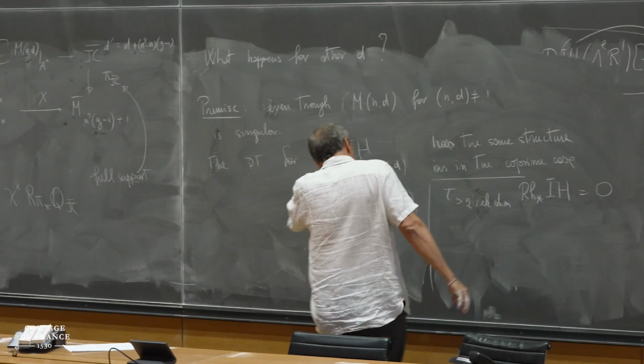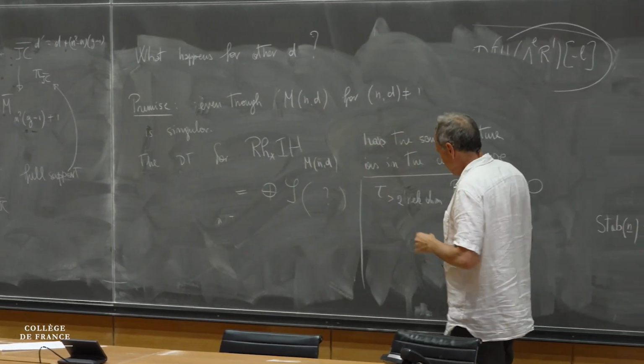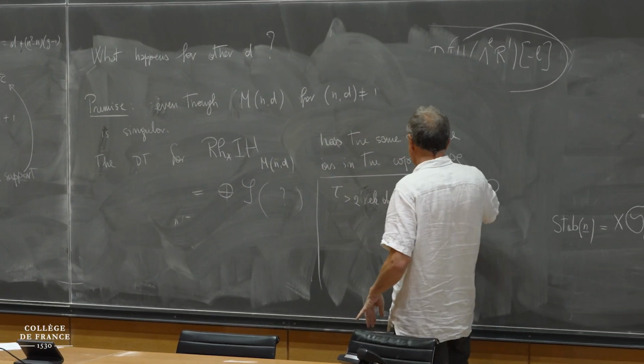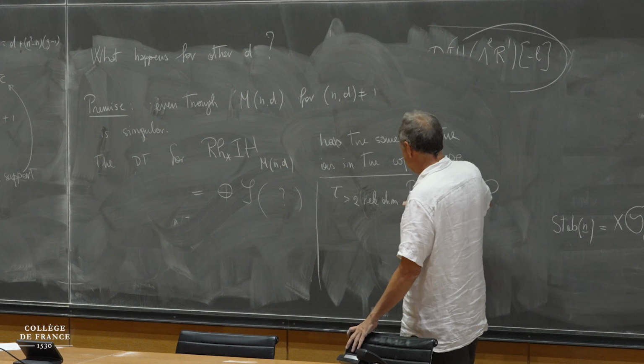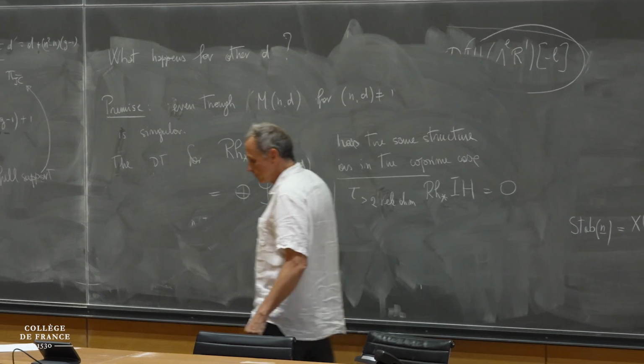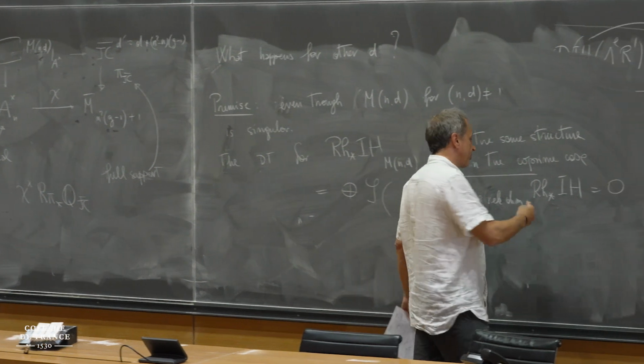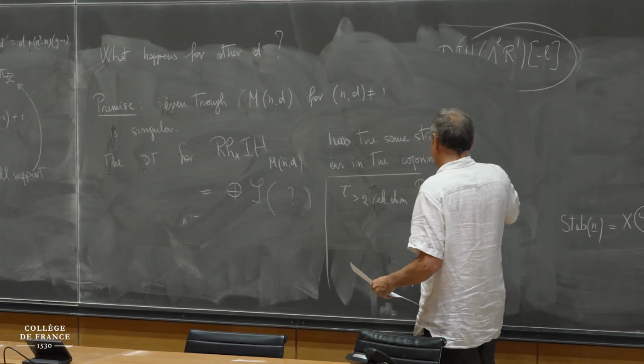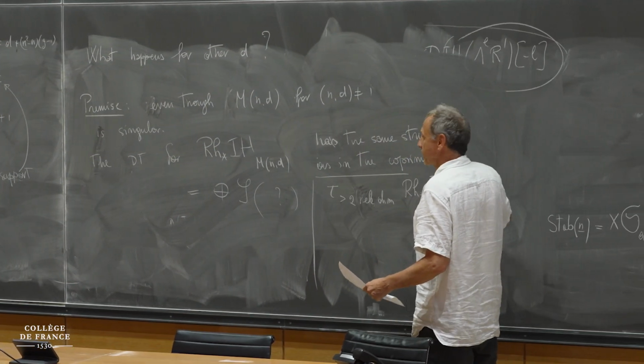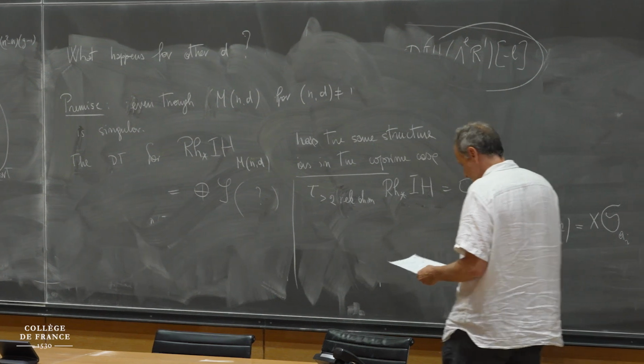And in our case, this depends on the symplectic structure of the Hitchin fibration. So on the fact that the Hitchin fibration is a Lagrangian fibration, and the restriction to the singular part is again a Lagrangian fibration.